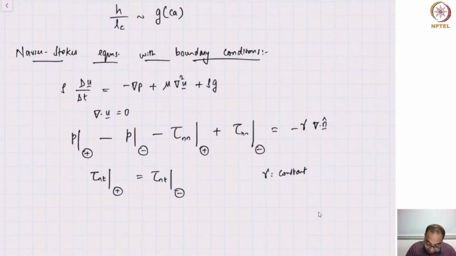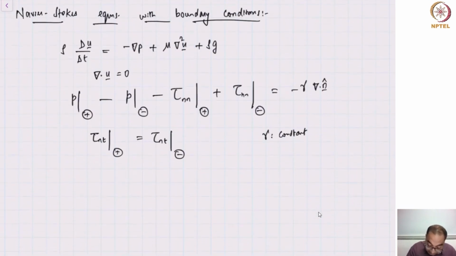So the pressure above can be thought of as P atmospheric. This term would be 0 because there is no viscosity, so the deviatoric stress doesn't appear. The same is true for the tangential stresses as well. So we can simplify these equations a little bit.